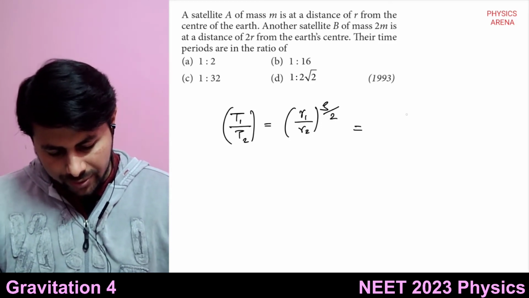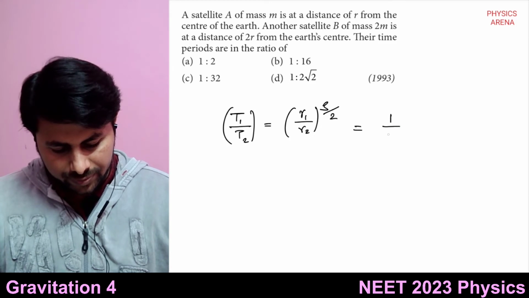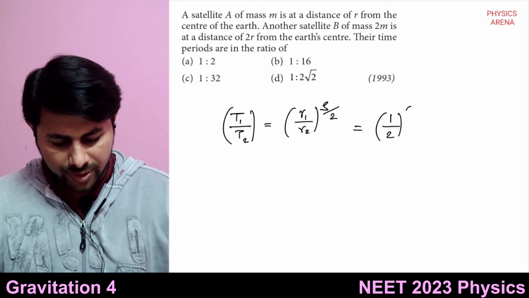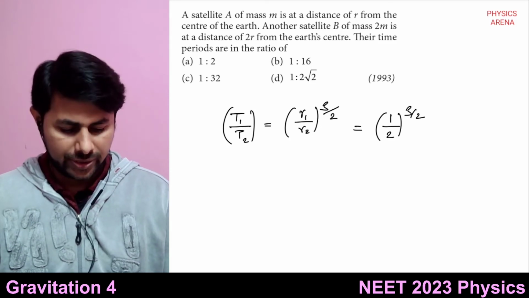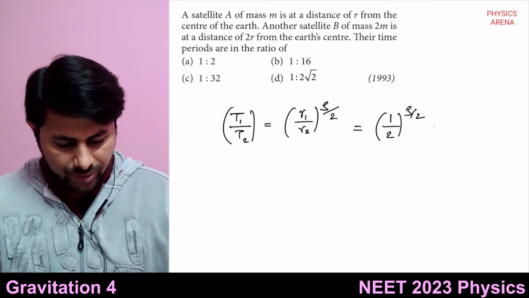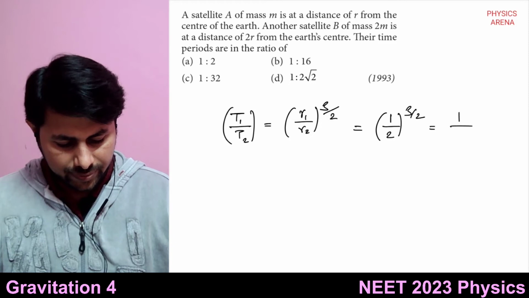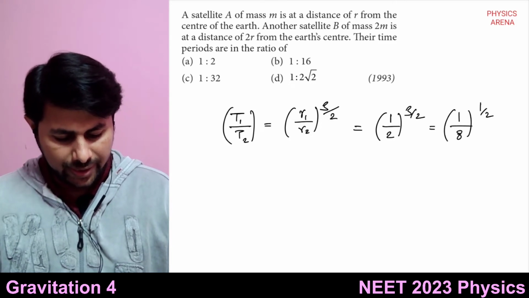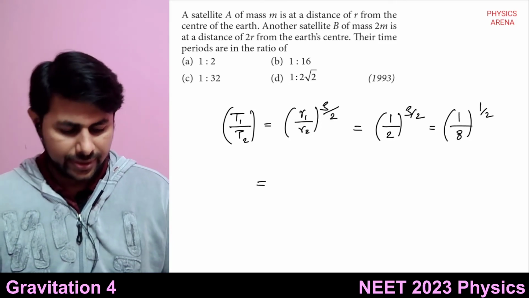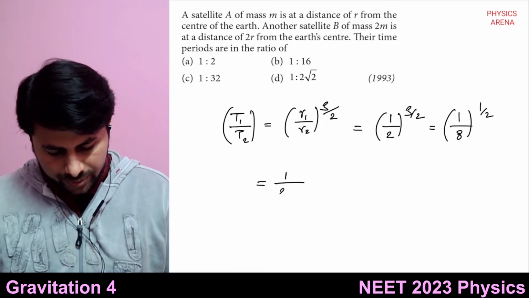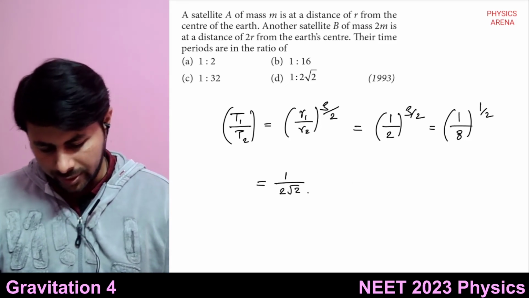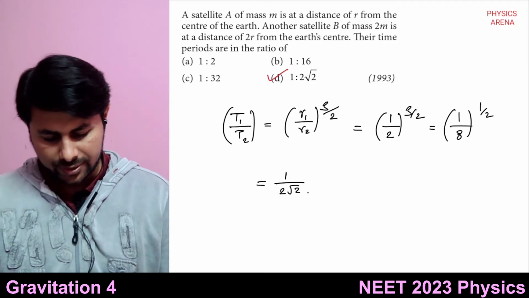So it is 1 by 2 raised to 3 by 2, or it is 1 by 2 cube, which is 1 by 8, square root of that. So square root of 1 by 8 is 1 upon 2 root 2. So option D is the answer.